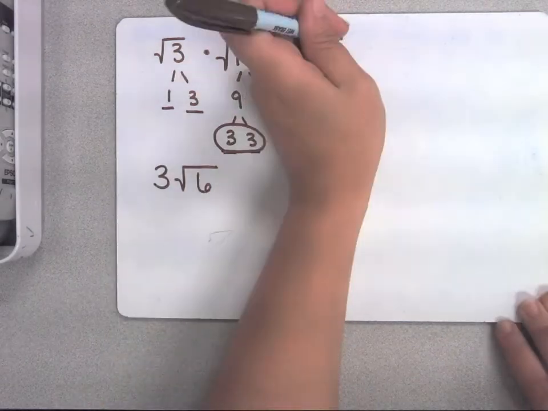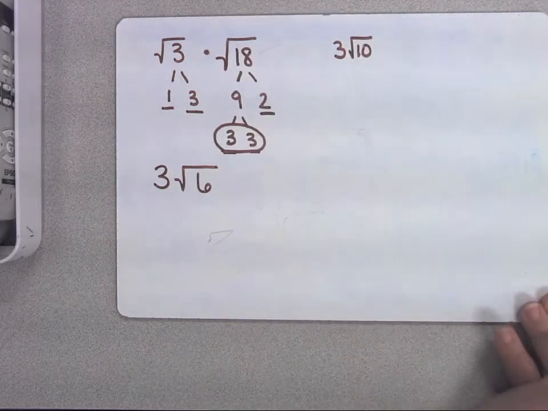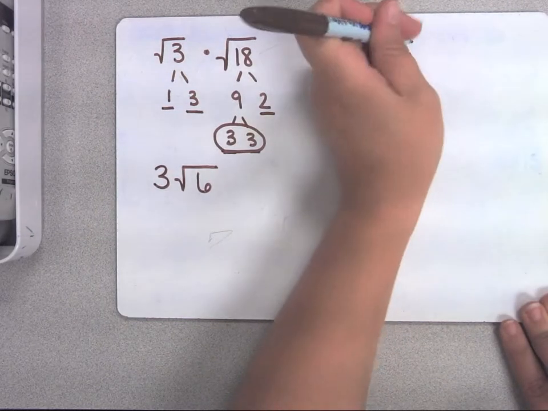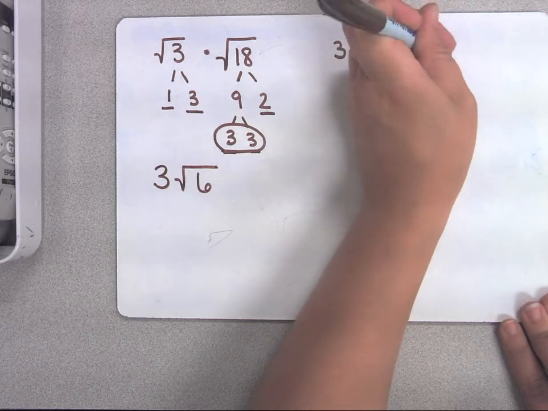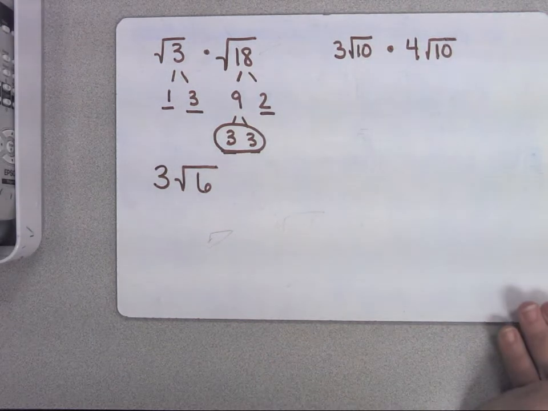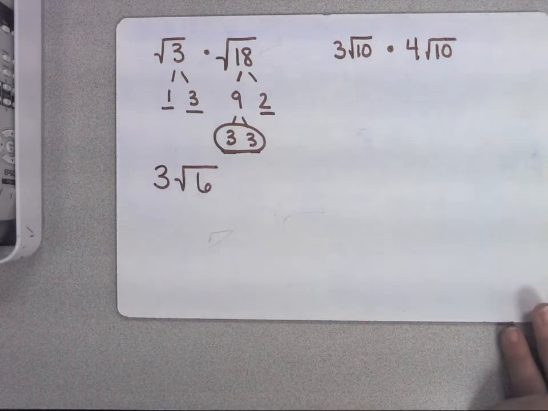Okay, let's try the one that's right next to it. Okay. 3 square root of 10 times 4 square root of 10. Well, how would we do this one? It's almost the same thing, but now it has numbers on the outside, right? What do we want to do?